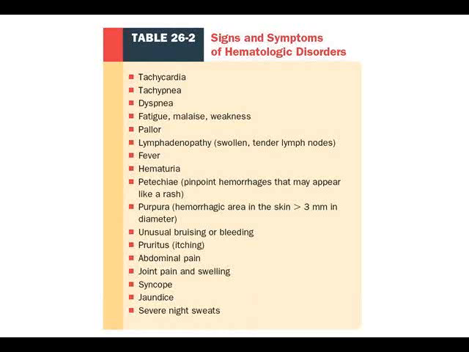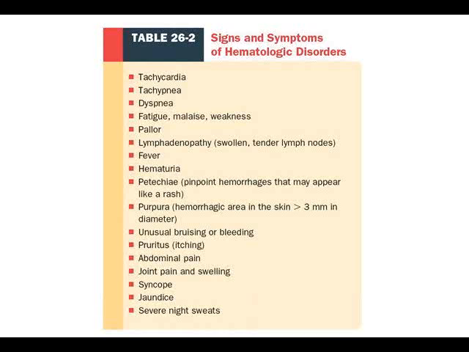Unusual bruising and bleeding. Pruritus, which is itching. Abdominal pain, particularly in the liver or spleen, or it could be anywhere depending on if it's a GI bleed versus some sort of a crisis. Joint pain and swelling tends to be in the joints.